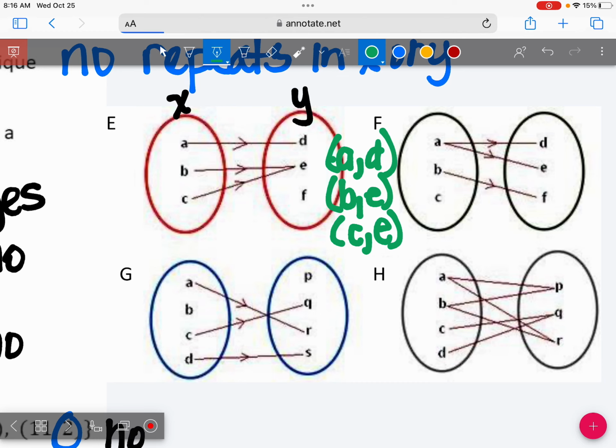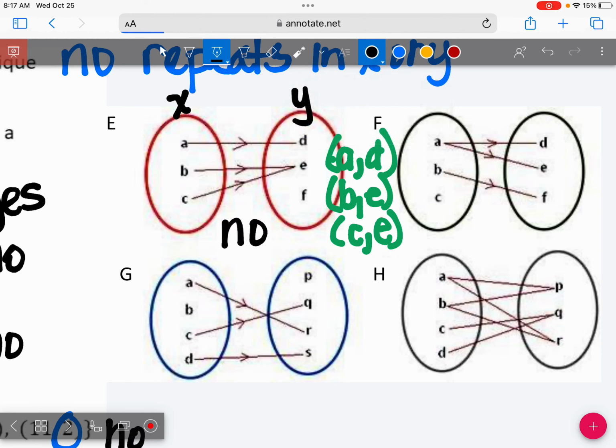And what's repeating? E. Looking at a map is easy to tell because you'll have two lines connected to a single point. So I have two different lines going to E, and that's how I know that E is repeating. So you don't necessarily need to write them as a set of ordered pairs. So this is also going to be a no. This is not one-to-one.